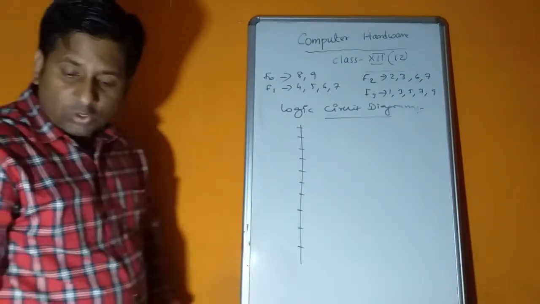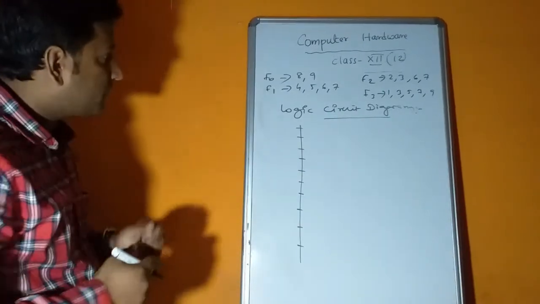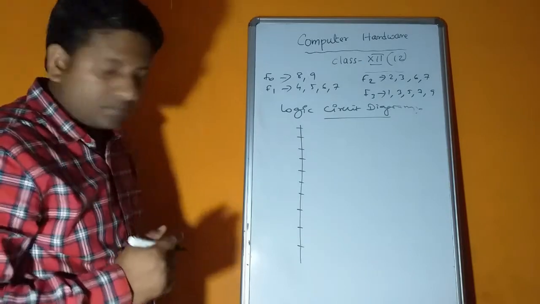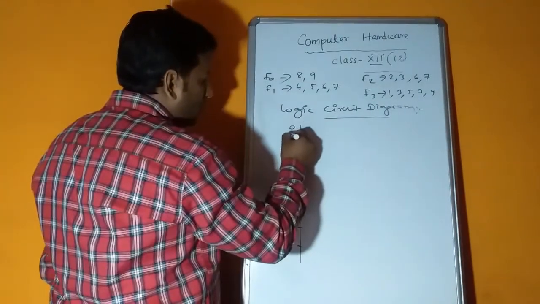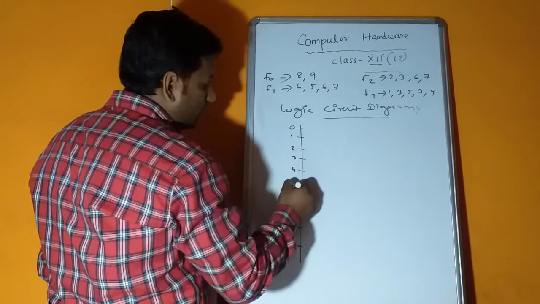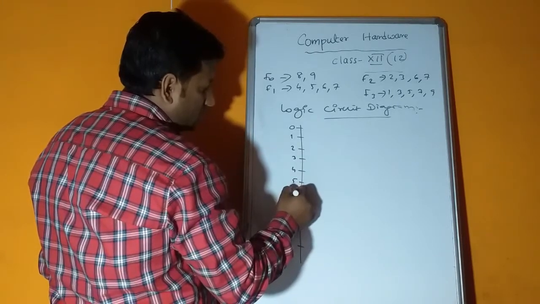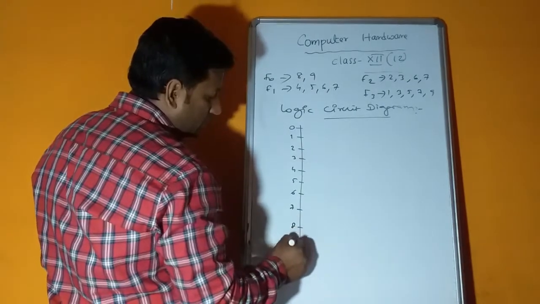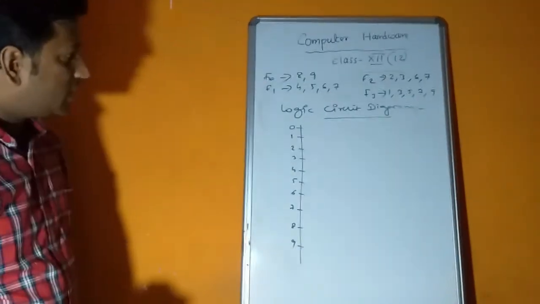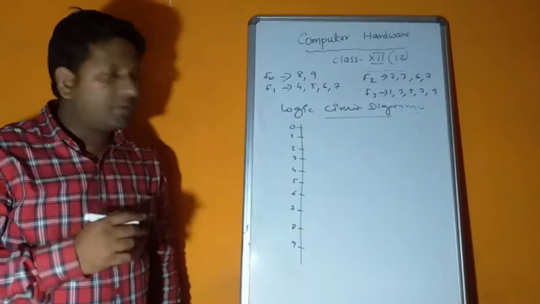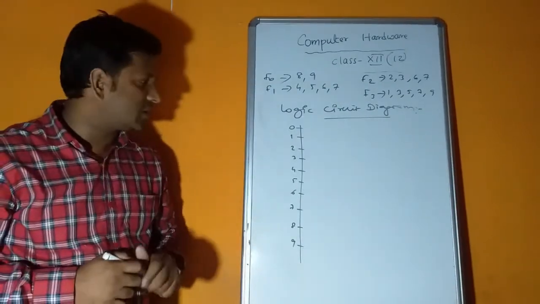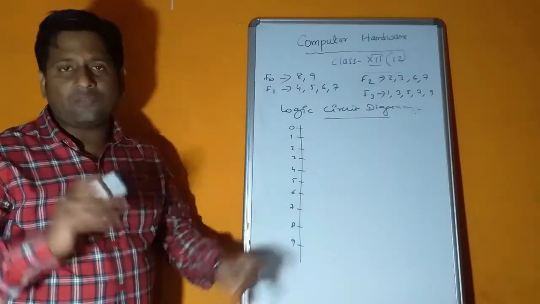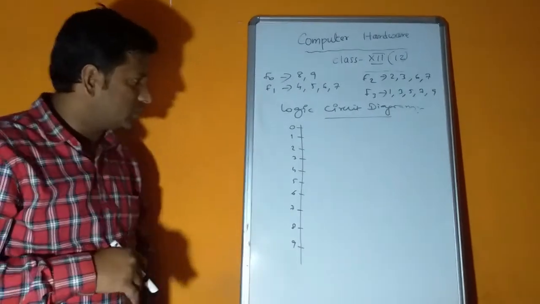Okay, so children, I'll be starting the numbering from the bottom, or maybe up also. 0, 1, 2, 3, 4, 5, 6, 7, 8 and 9. So there are a total of 10 numbers in case of decimal, 0 to 9. In case of hexadecimal, 0 to 9, then A to F: A, B, C, D, E, F. A total of 6 additional.